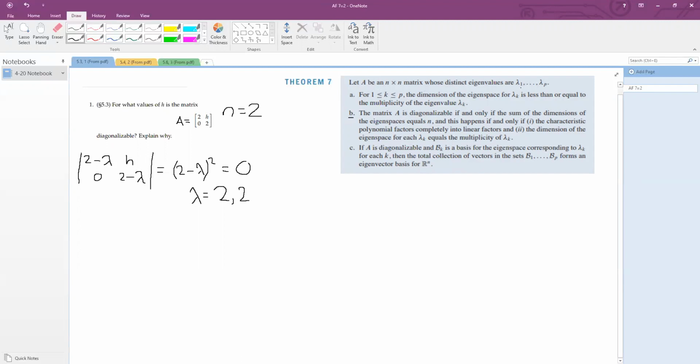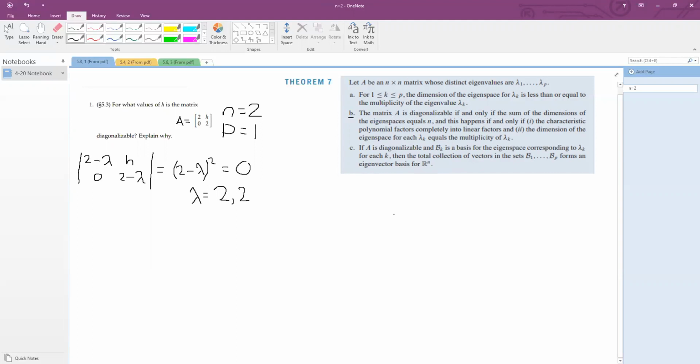And we only have one distinct lambda, so p is 1. So we're looking at part B of this theorem, and it says A is diagonalizable, which is what we're interested in, if and only if the sum of the dimensions of the eigenspaces equals n.